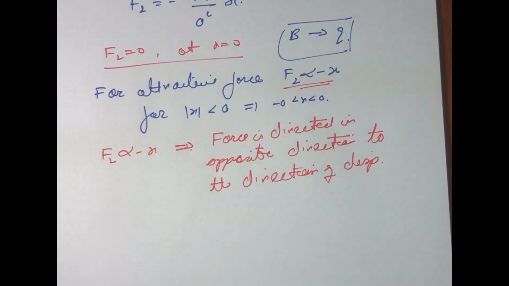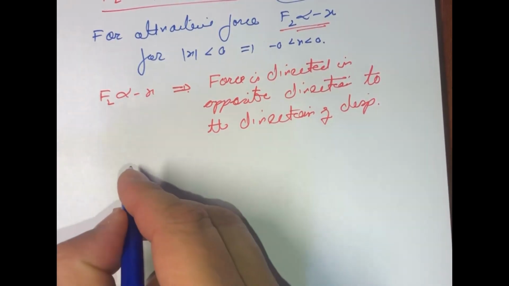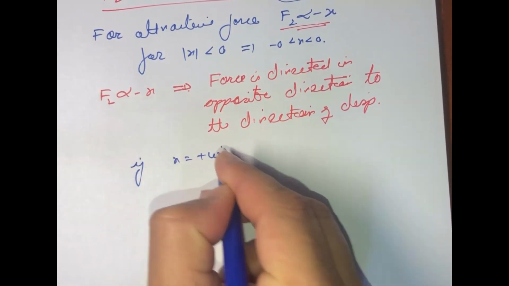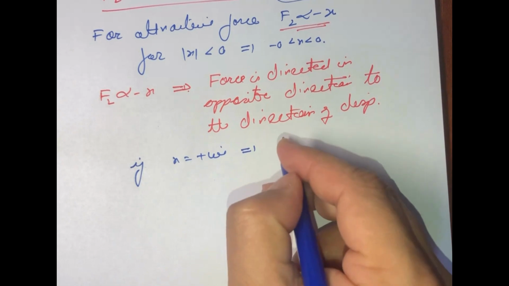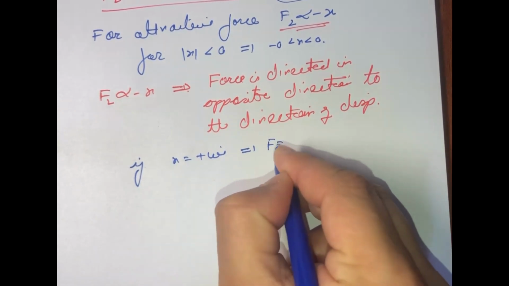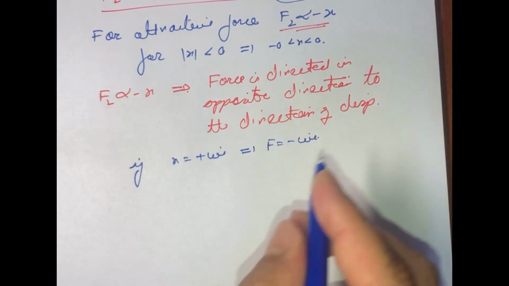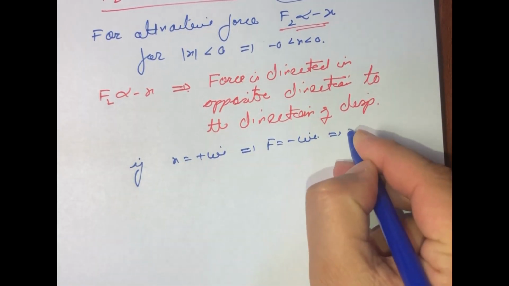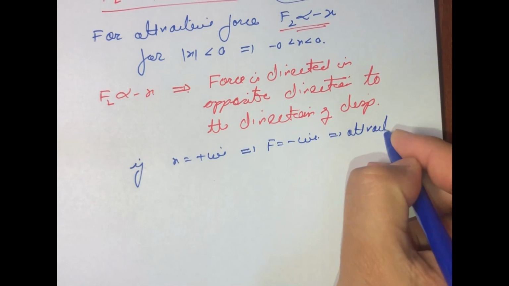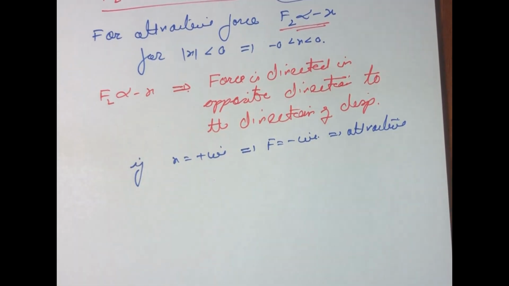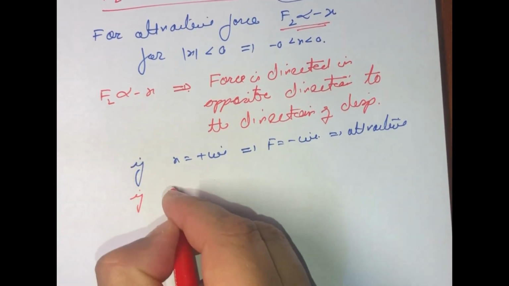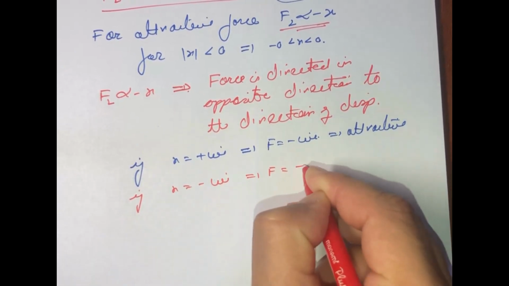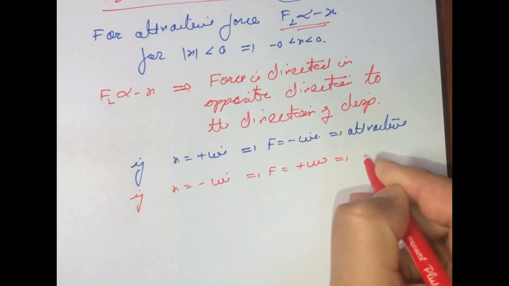So basically, if x is positive, then F should be negative, which also means attractive. And if x is negative, then F should be positive, which also means attractive.